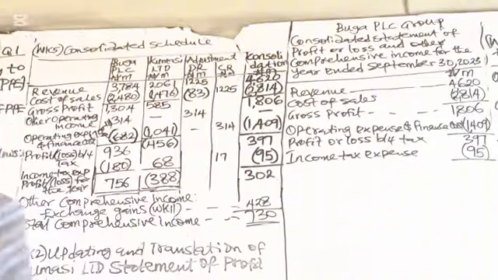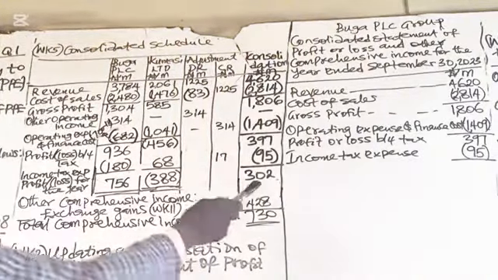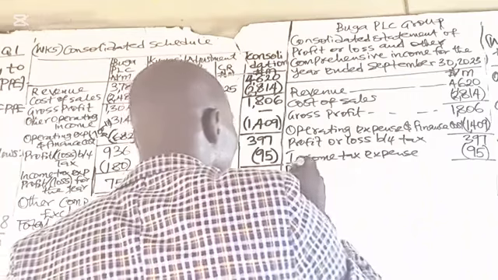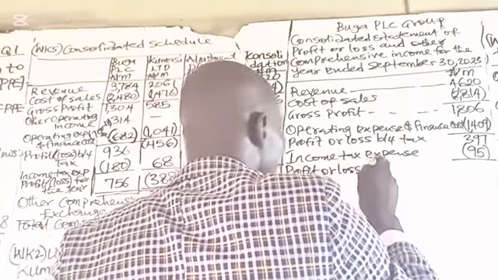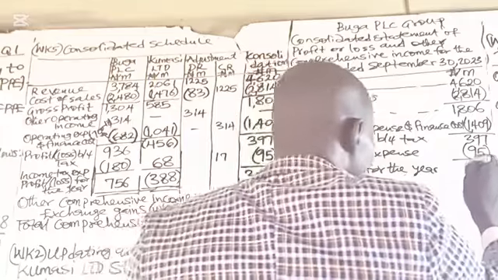Then after deducting 95 million, you have profit or loss for the year, 302.